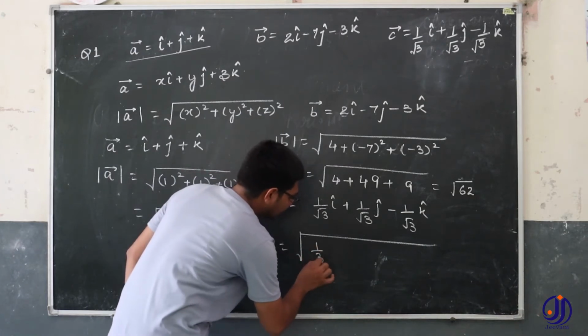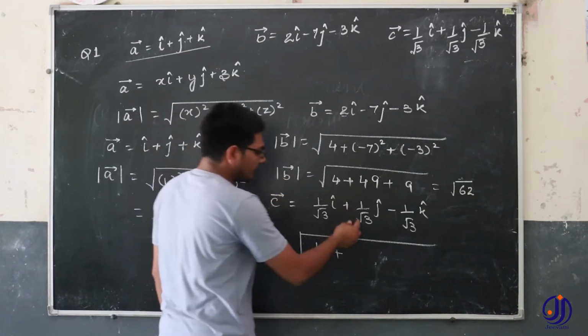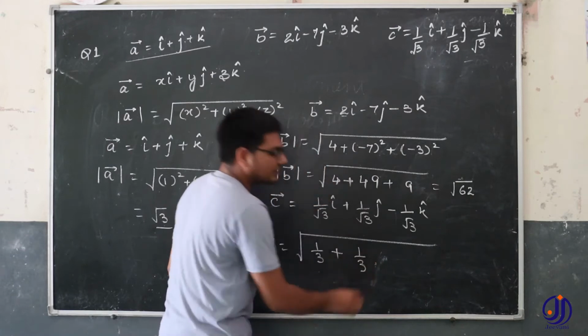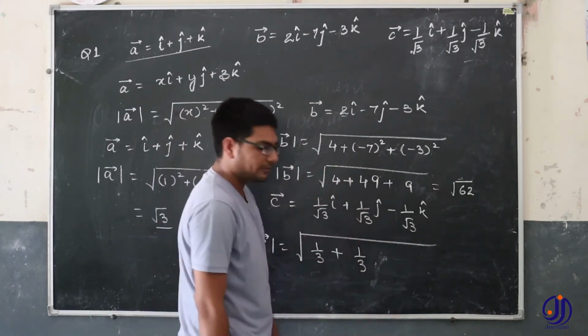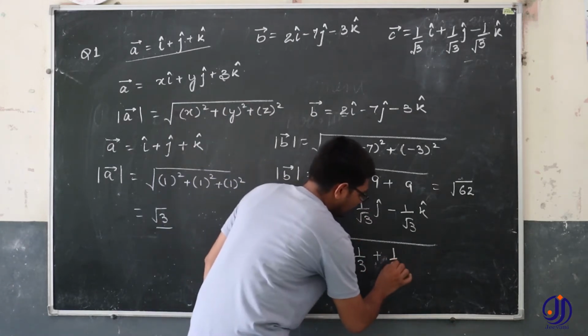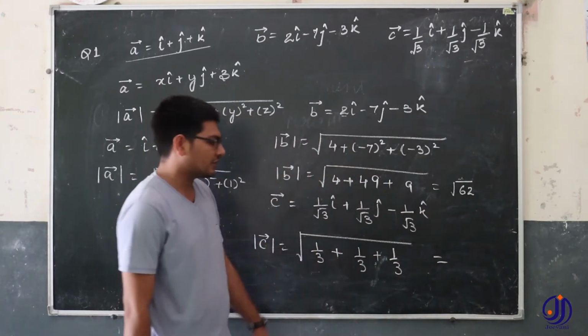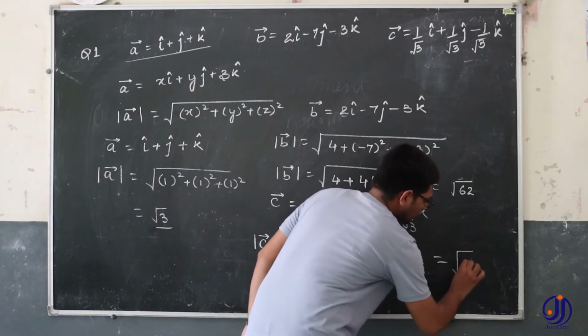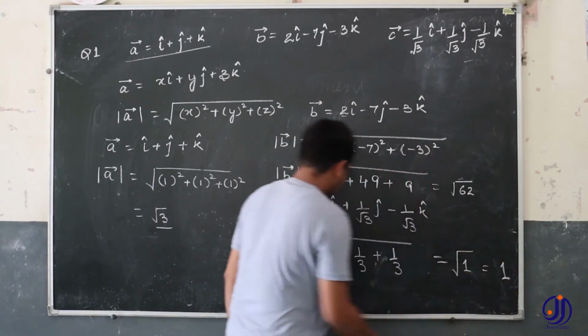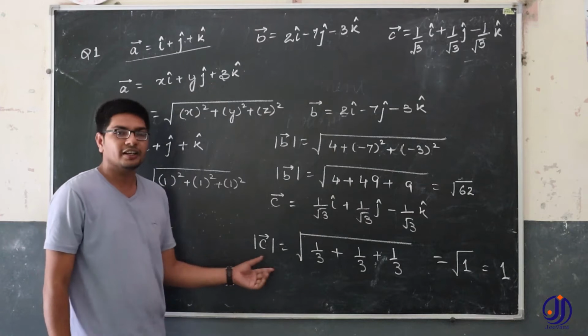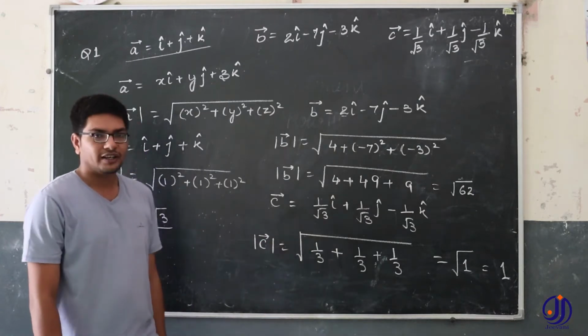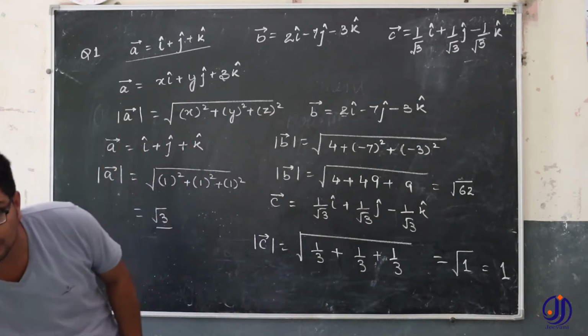It becomes 1 by 3, plus the square of 1 by root 3, which also becomes 1 by 3, plus the square of minus 1 by root 3, which also becomes 1 by 3. Add them up. On adding the three 1 by 3s we get 1, and the square root of 1 is 1. So the magnitude of vector C is 1.